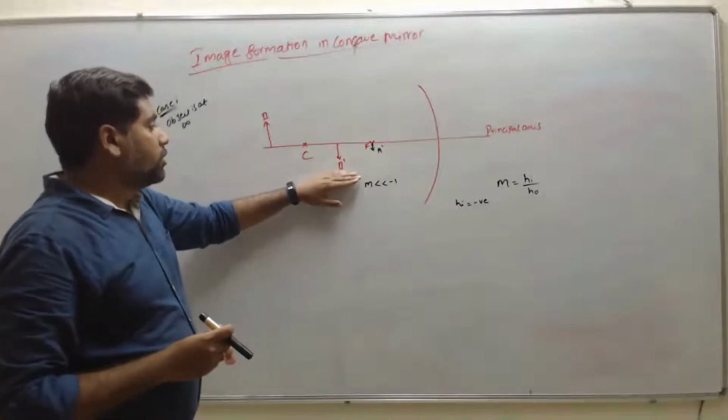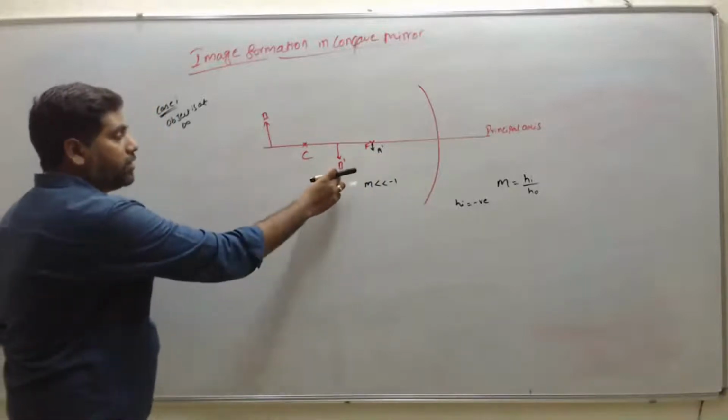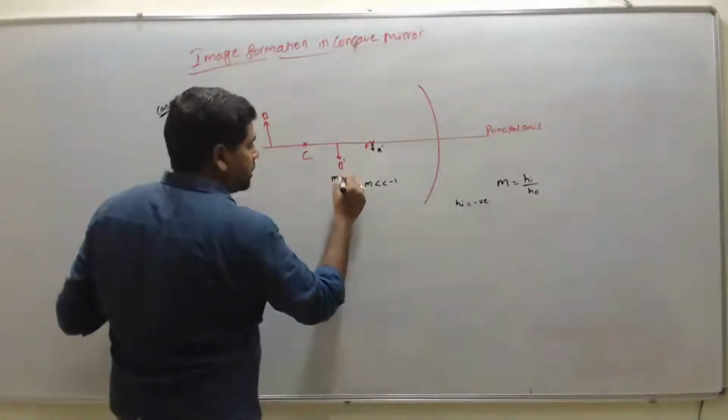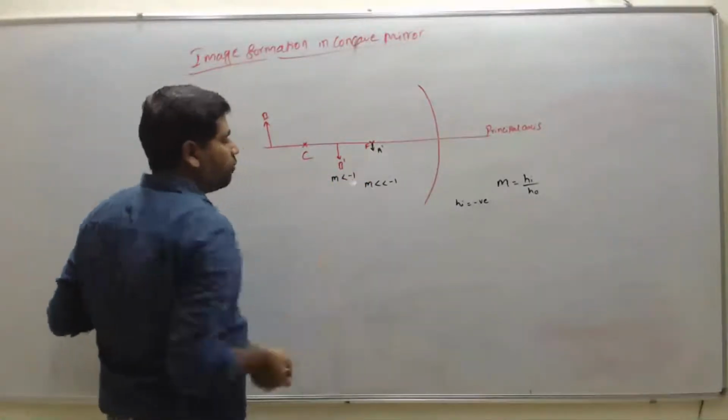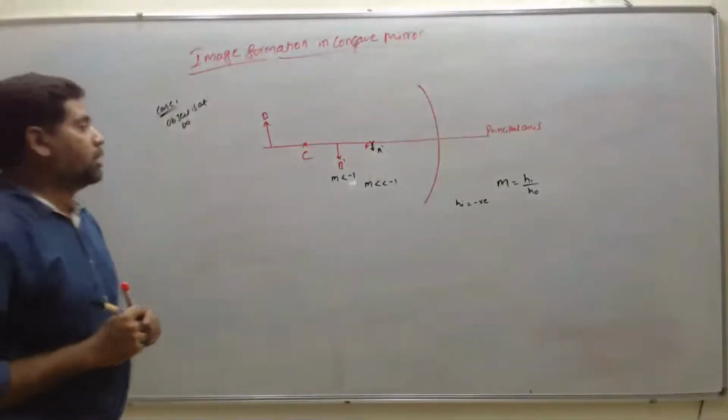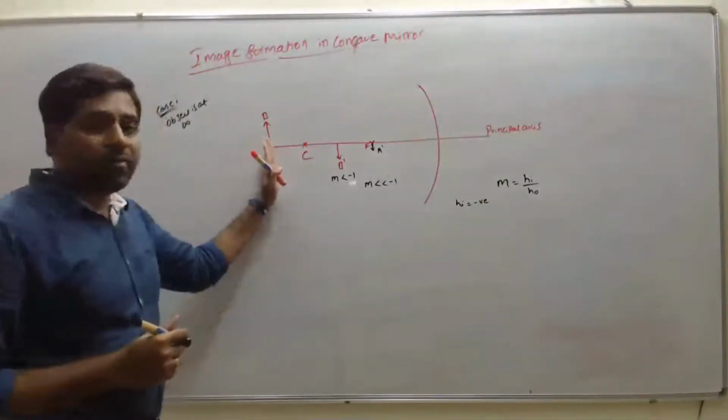Here also the magnification at B dash, M, is less than minus 1 because the image is inverted. Okay, this is the second case.